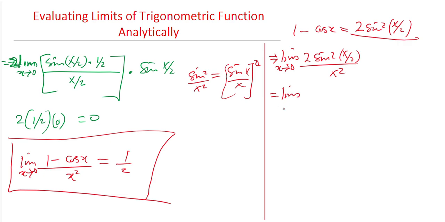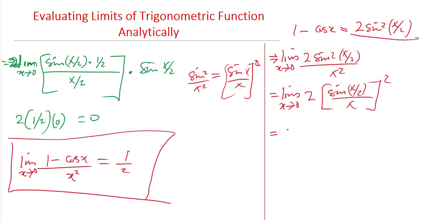So this will give us the limit as x approaches 0 of 2 multiply sine x over 2 all over x, everything squared. Okay, if we have this, all we have to do now is to convert the inner part to the standard form, and to do that we take the coefficient of the top here and multiply both sides with it.